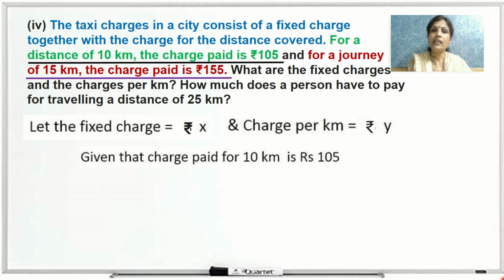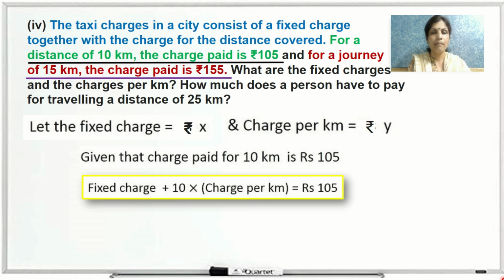So how will we write? The fixed charge plus 10 into charge per kilometer is equal to rupees 105, because we are given that the distance is 10 kilometer. So we have written 10, and the charge per kilometer we don't know, so we will consider it as y.